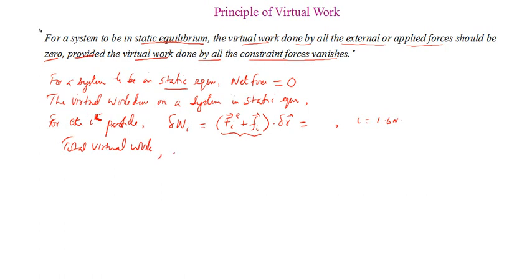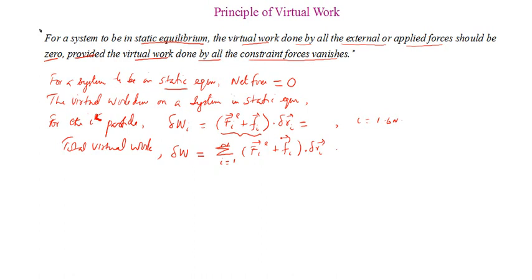We said delta W. Delta W will be got by adding up all the individual work done on individual particles. So sum over i equal to 1 to n of this delta Wi, that is Fi external plus Fi dot delta Ri.